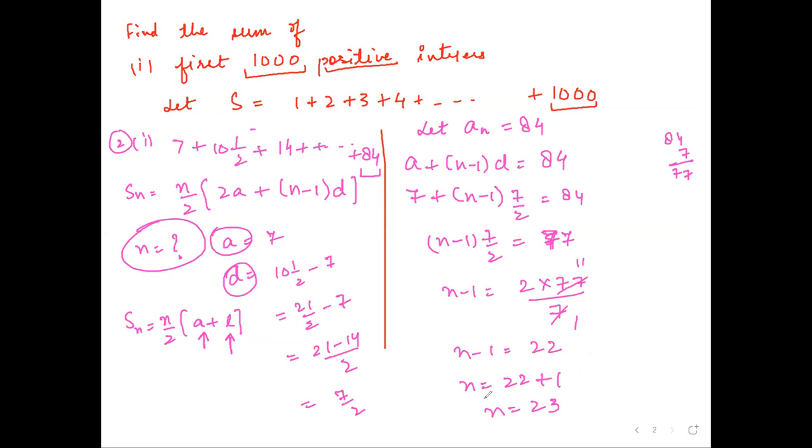Abdullah, now I have found my N. Now I can put this in the formula of Sn. Understood? So now my Sn will become: N is 23, so 23 by 2, A is 7 and my last term is 84, and this will give you the answer.